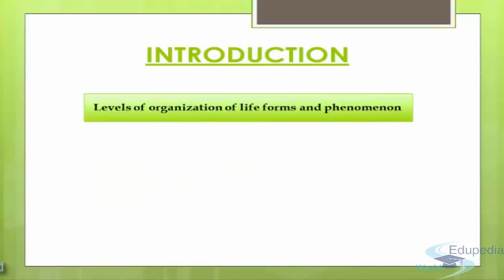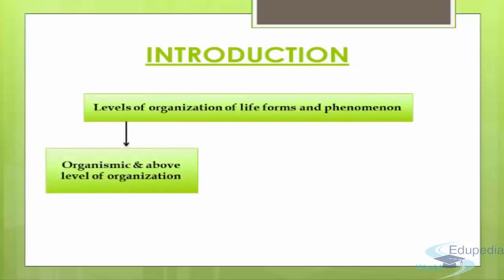The description of structure and variation of living organisms over a period of time ended up as two perspectives on biology. The perspectives essentially rested on two levels of organization of life forms and phenomena.